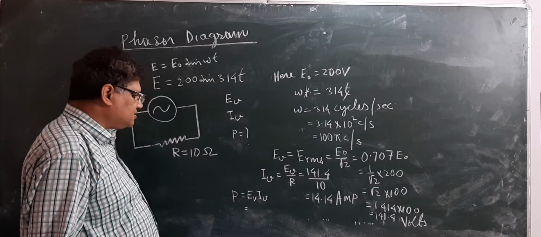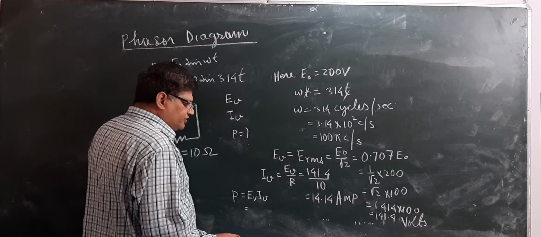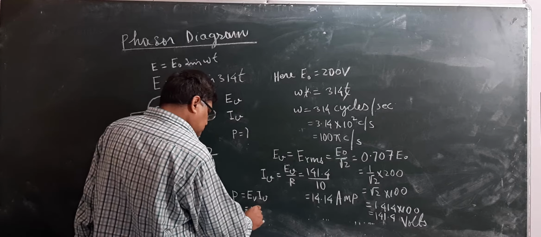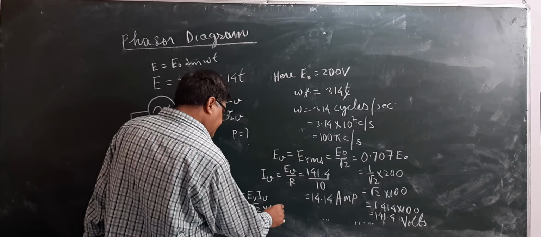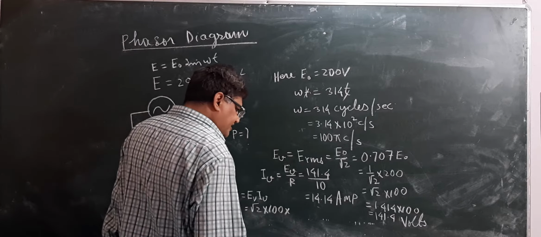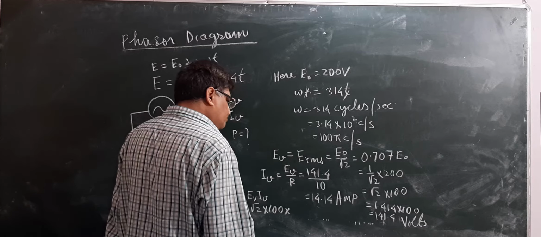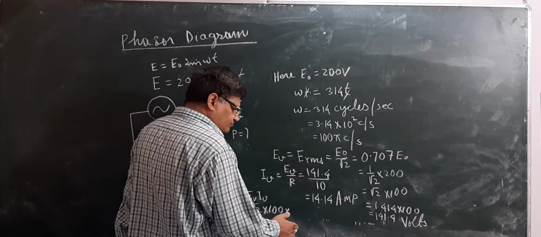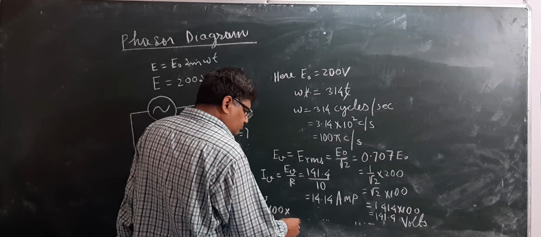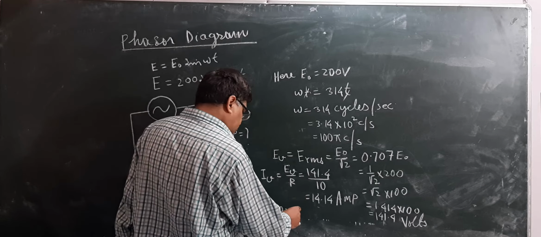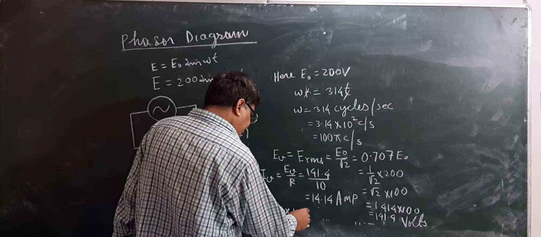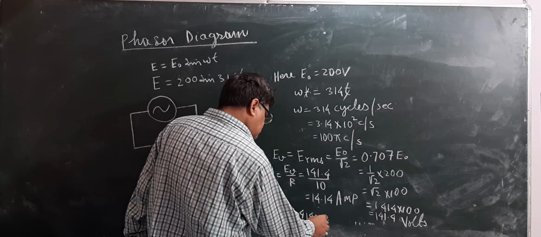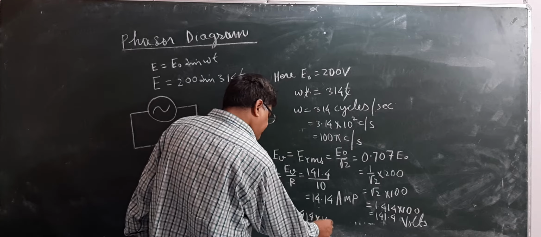EV is given as root 2 multiplied by 100, and IV is given as 1.414 into 10.